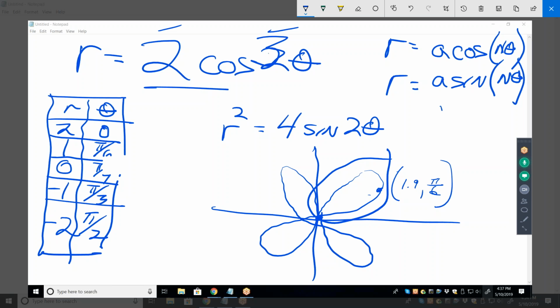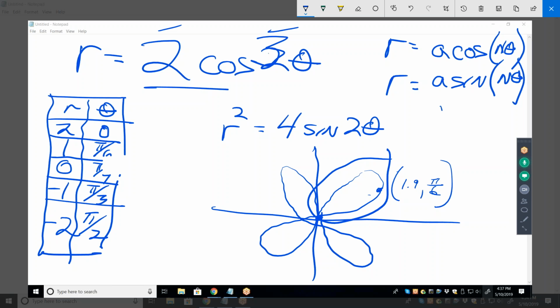Note that there are no points on the graph when theta goes from pi over 2 to pi. Why not? What is r when theta... I see why. Notice that when theta is greater than pi over 2, 2 theta is in the third or the fourth quadrant, right?